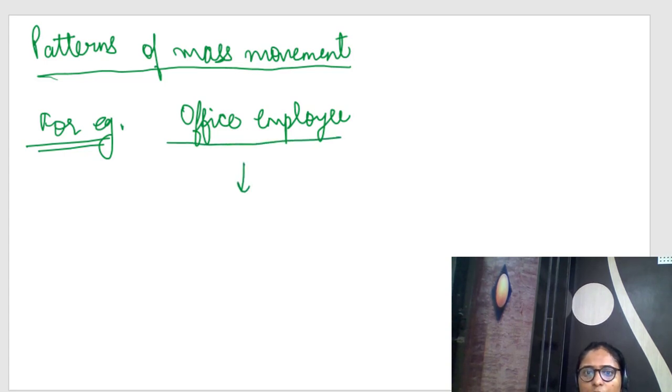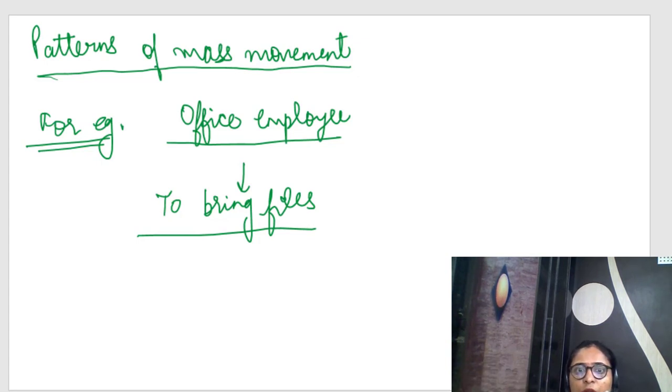He used to work at the office, and his work is to bring the files. So we will prescribe him exercises in such a way that he has to carry some weight and put it on the table, and from that table he has to pick up all the files or the weights and shift them onto another table, right?